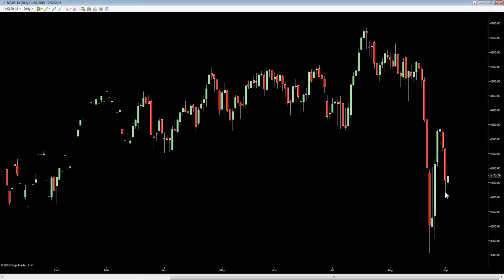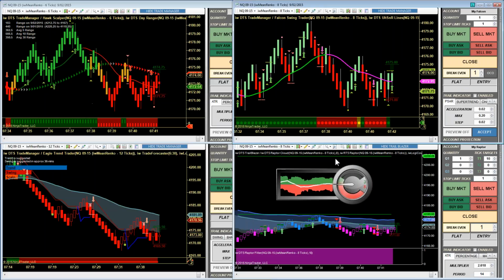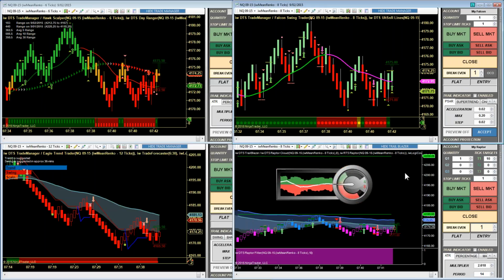And if the buyers fail and they trade below the lows, then it's free fall. 4,000 is a very probable target. So that's why we've got so much choppiness today. They're really trying to sort things out, and neither side is gaining control.